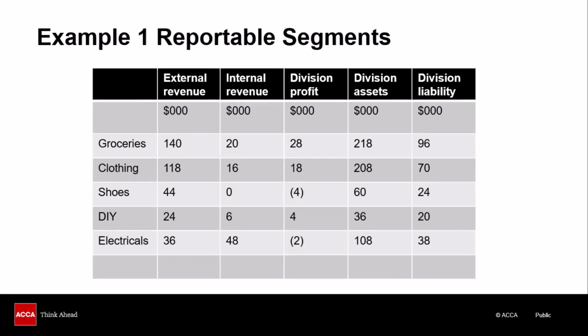But this is the example that I want us to work through. So we have a company that has 5 operating segments: groceries, clothing, shoes, DIY, electricals. Then we're given the external revenue, internal revenue, division profit, division assets. We're also given liabilities. Did we talk about liabilities?